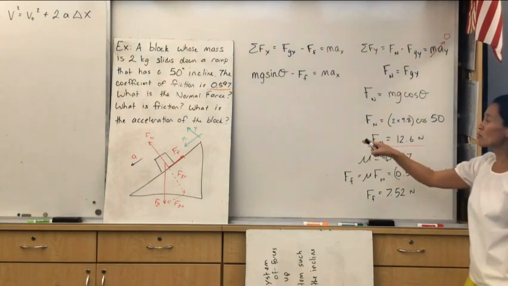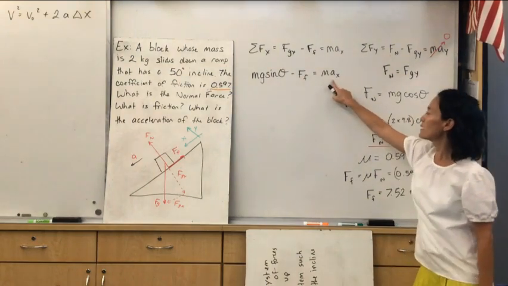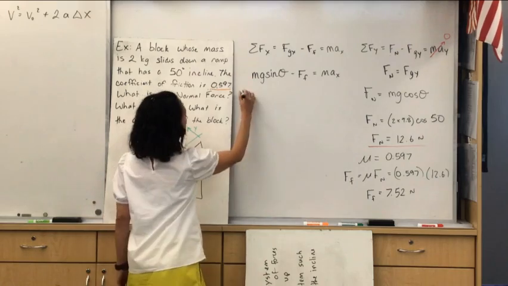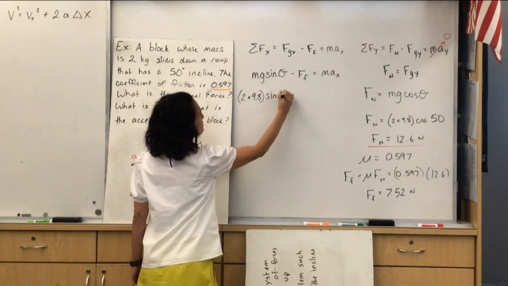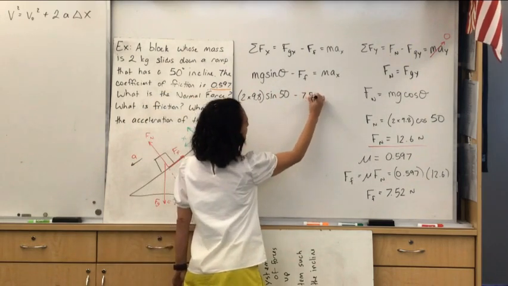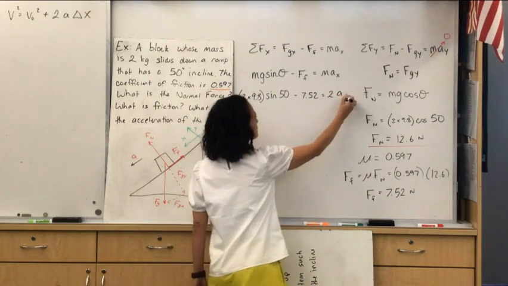Okay, and then the last part says, what's the acceleration? I have this friction. I plug this in here, and I can find this. So let's plug in some values. My mass here is 2 times 9.8 sine of 50 minus 7.52 equals 2 times acceleration in the x direction.